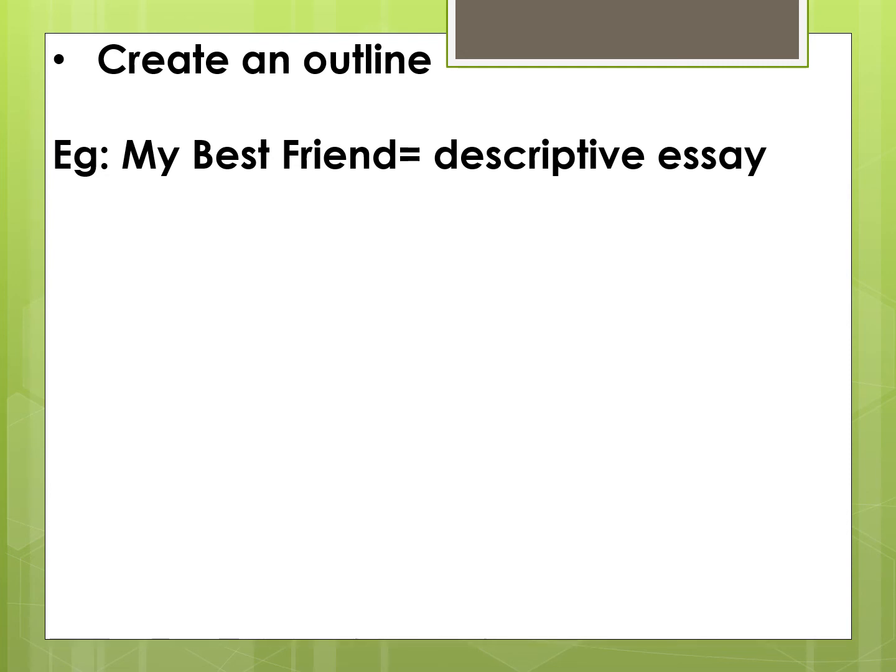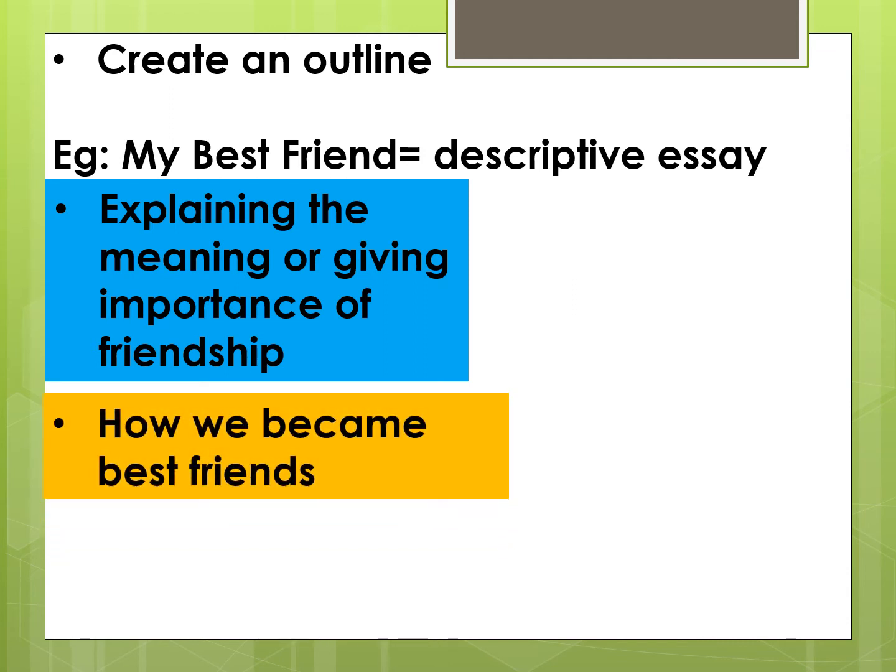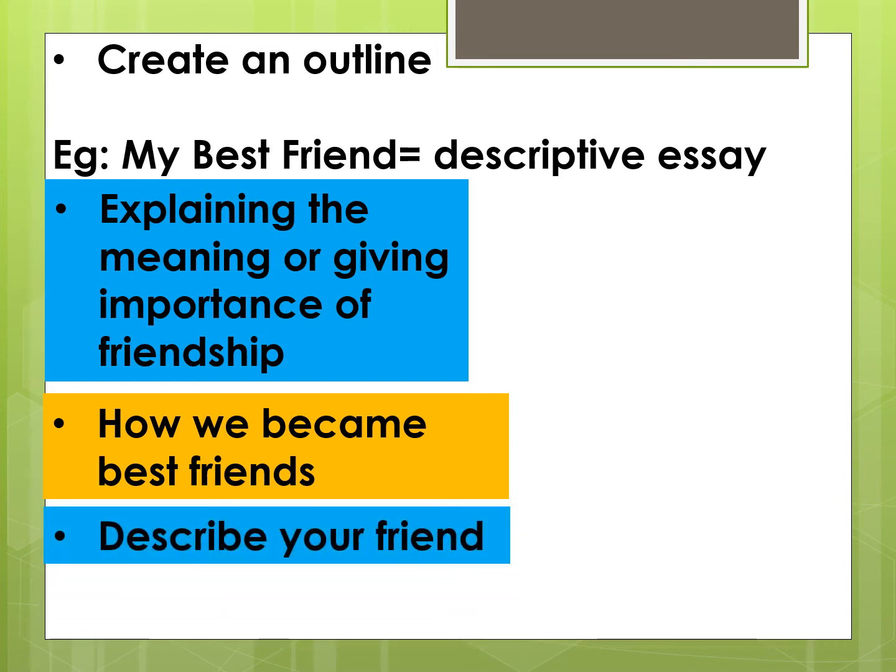So here is my first point that I would want to incorporate in my essay. It is explaining the meaning or giving the importance of friendship, since my topic is my best friend. My second point could be how we became friends. My third point could be describing my friend, and my last point could be my conclusion.